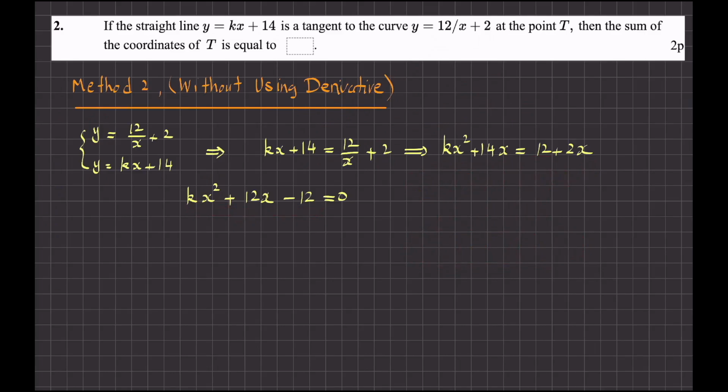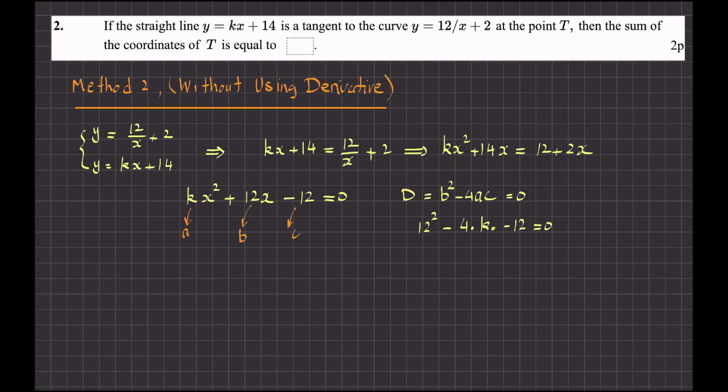to have 0 discriminant. Okay, so the discriminant of this, you know, is b squared minus 4ac using the ABC formula. So this number is playing the role of A, this number is playing the role of B, and this number is playing the role of C. I demand the discriminant be 0. Okay, b squared is 12 to the power of 2 minus 4 times A times C. This should be equal to 0.